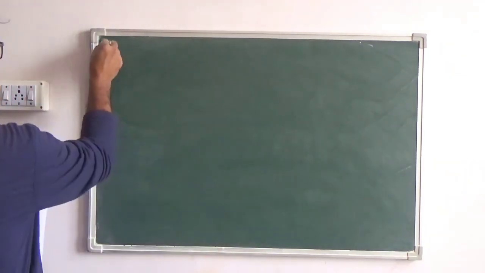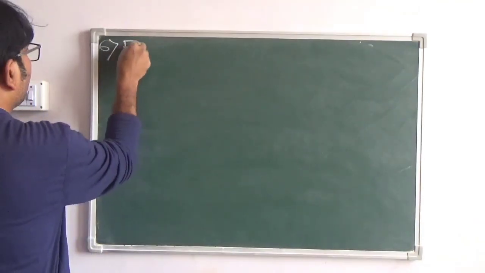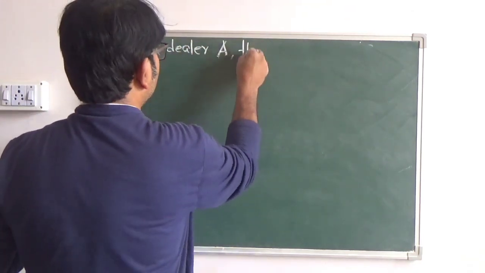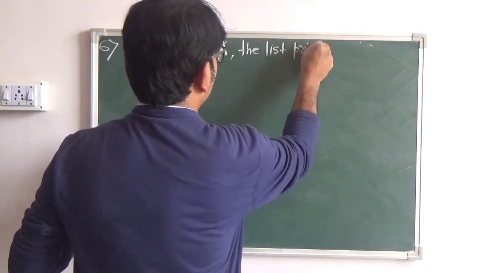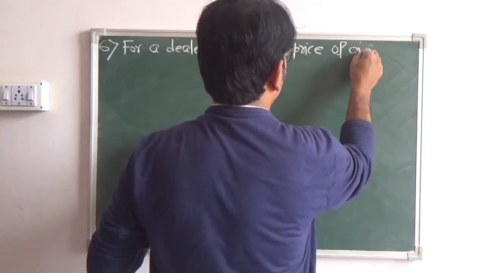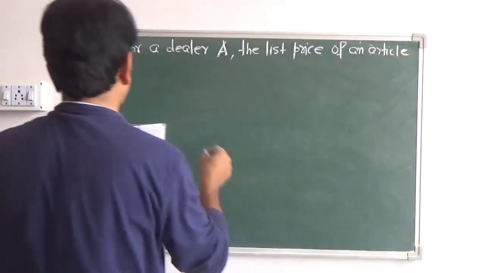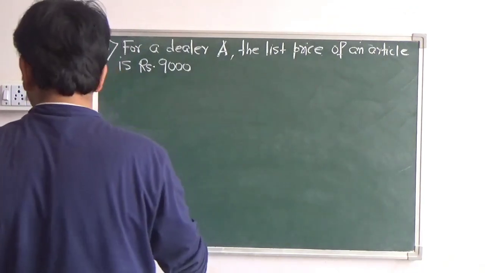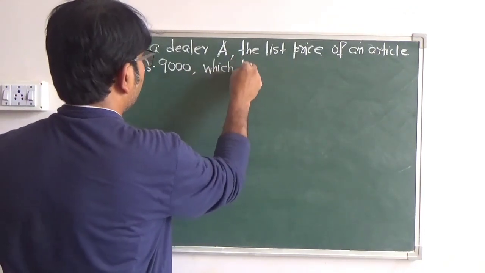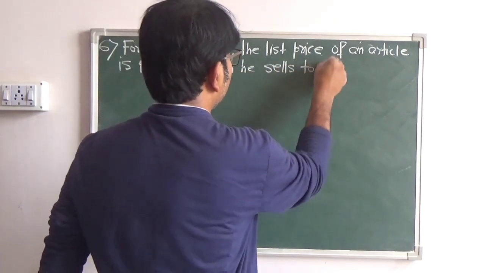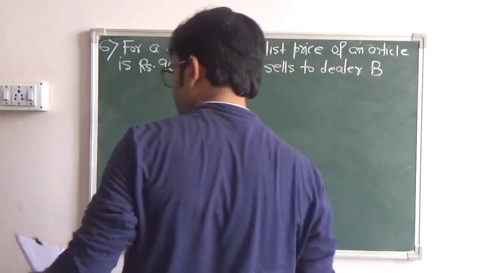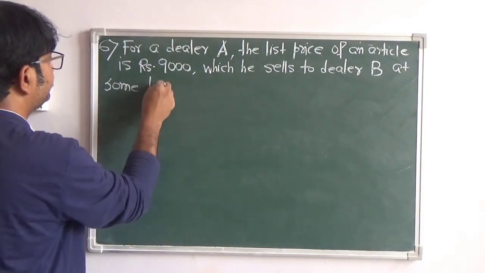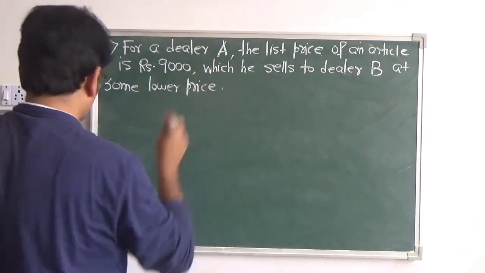Now the next question is on the board here. For a dealer A, the list price of an article is rupees 9,000, which he sells to dealer B at some lower price.